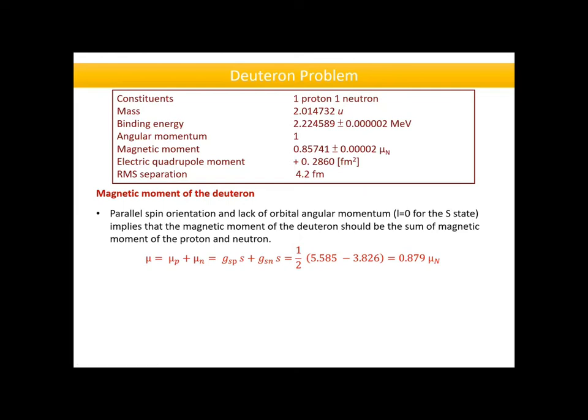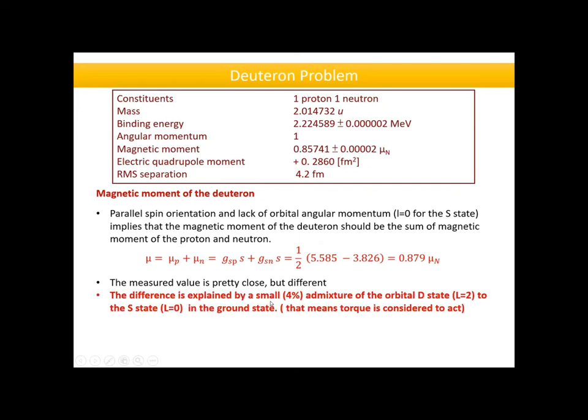And this implies that the magnetic moment of deuteron should be simply the sum of magnetic moment of proton and neutron, which comes out to be 0.879 times nuclear magneton. So if you see, the measured value is pretty close but yet different from the value given in the table.